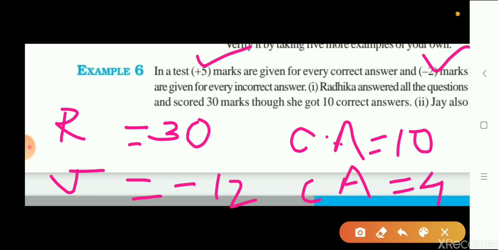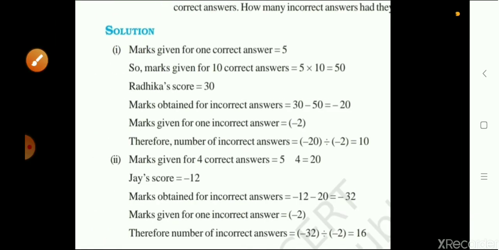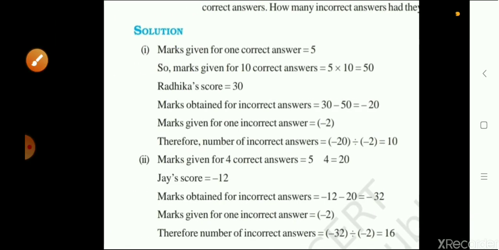So here we have a clear understanding that Radhika's score is 30 and Jay's score is minus 12, and the correct answers of Radhika are 10 and for Jay are 4. Now let us find how many marks are deducted for their incorrect answers.